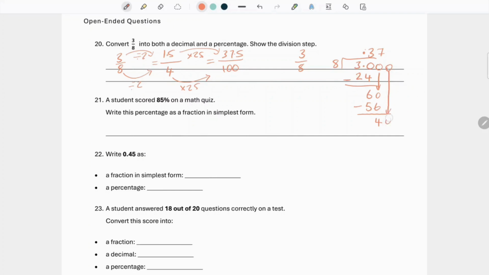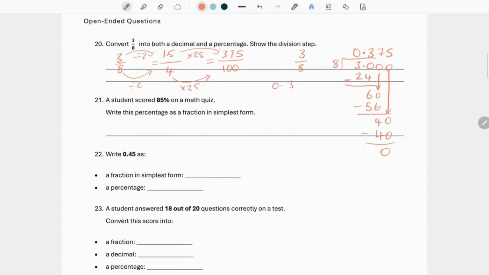Again, we're going to add another 0 here. 8 into 40 is 5. 8 times 5 is 40, and that's where we stop. So our answer, what we got here, is 0.375. Let's just write this here.